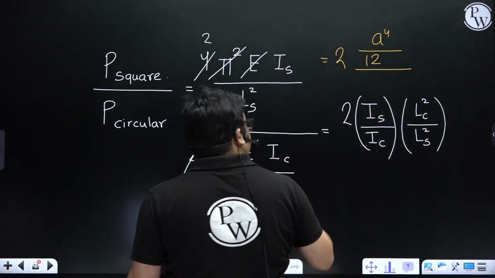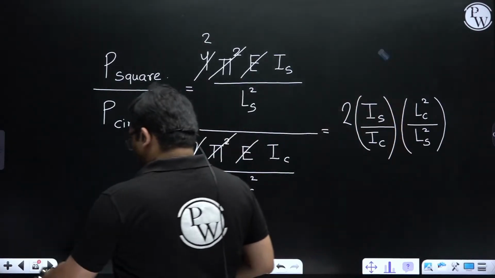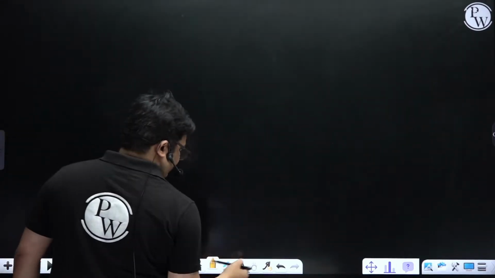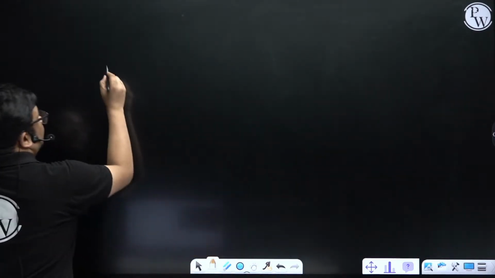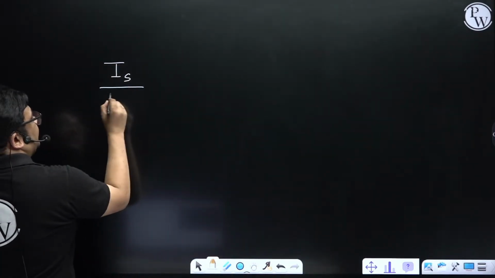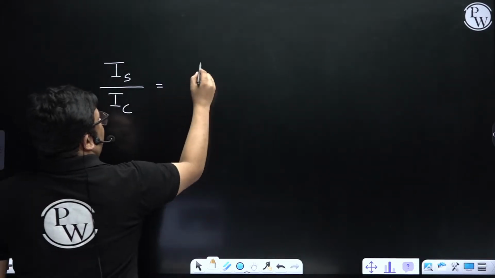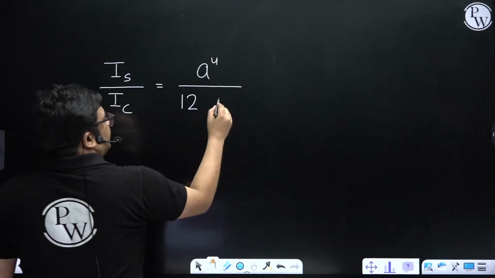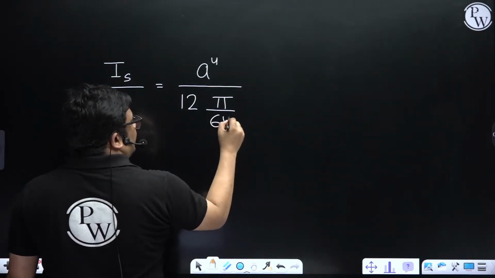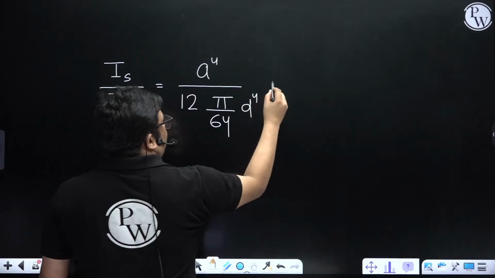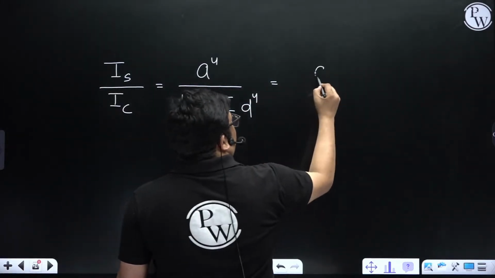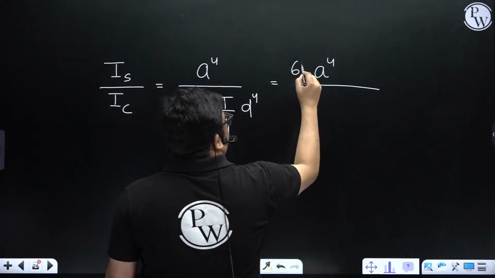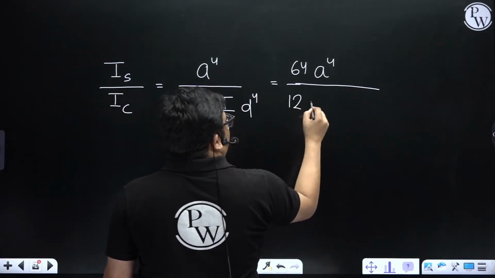I need a little more space, so I will just add one slide here. So IS by IC is equal to A to the power 4 divided by 12, and IC is pi by 64 D to the power 4. So this is equal to A to the power 4, and then 64 will go up, so 64 by 12 pi.